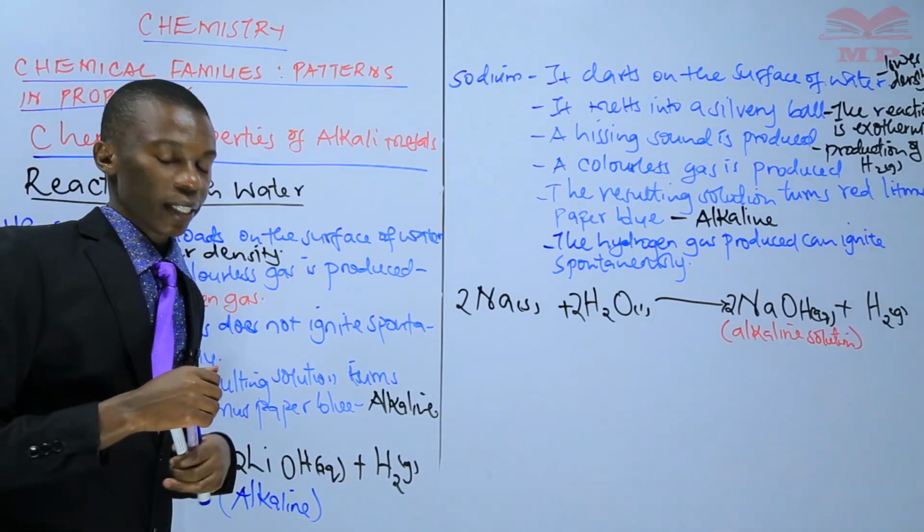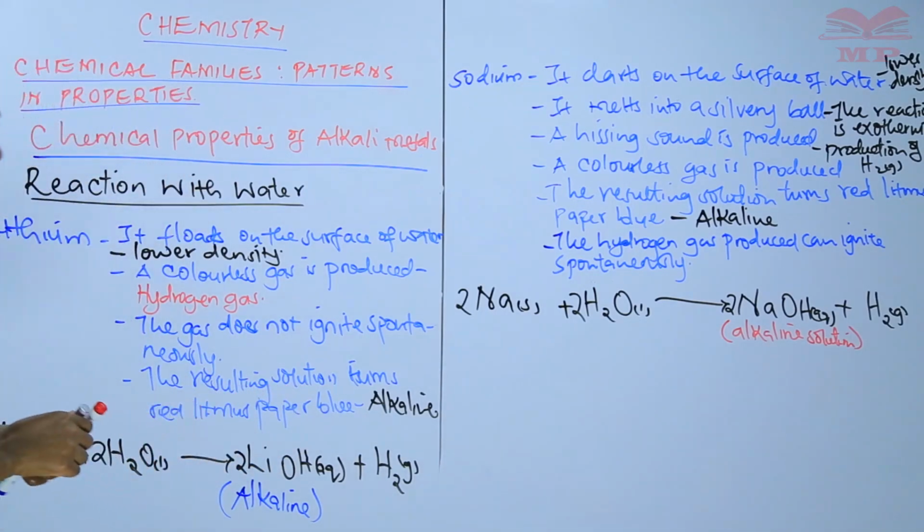Then the last element is potassium. Then what happens to potassium? So when you place a piece of potassium in water, this potassium also darts on the surface of water.